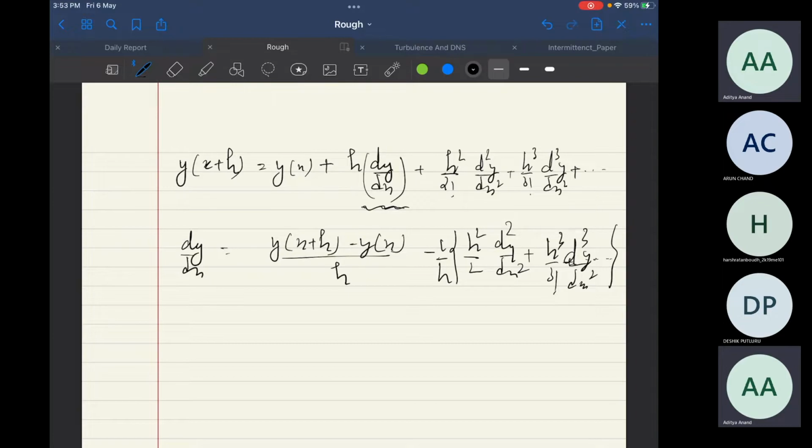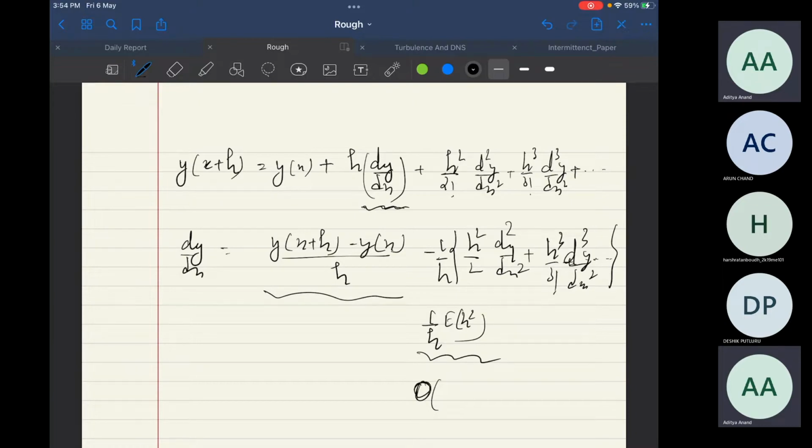So this is the forward Euler approximation, and the error term can be written as 1 by h times h squared. So this gives you first order accuracy, and your errors are of the order of h.